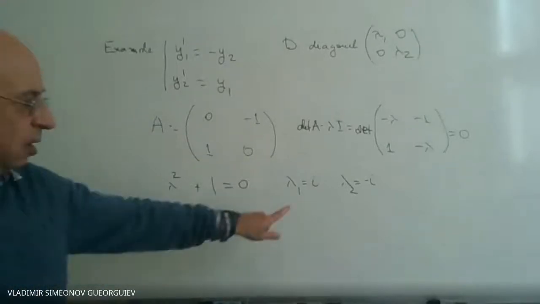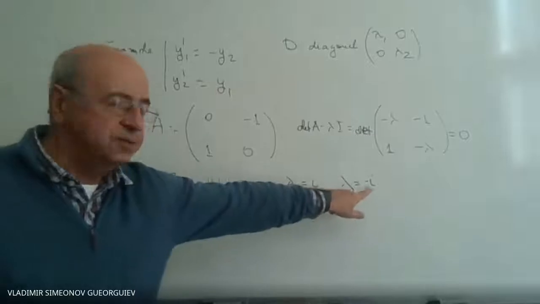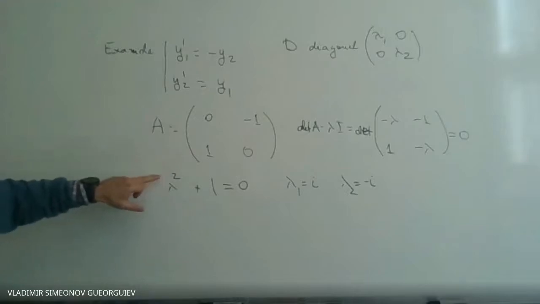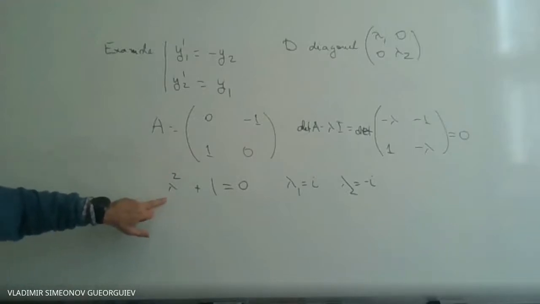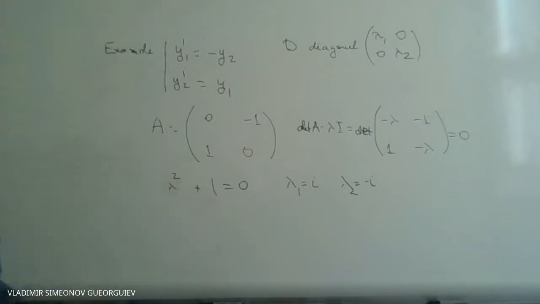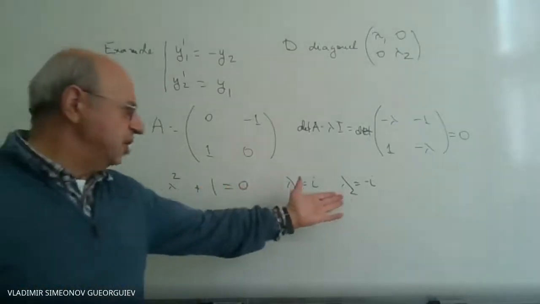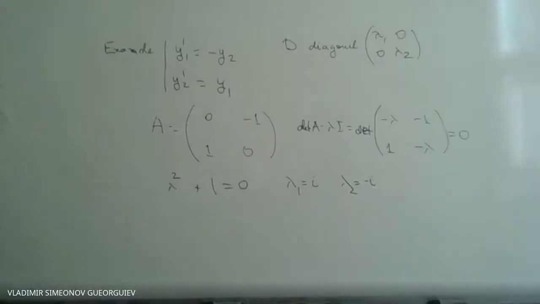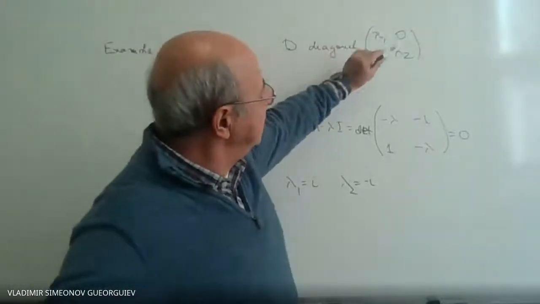If you take the complex conjugate of i, this is minus i. This is again a solution, because if you take the bar in this equation, and you know that lambda is complex, you have bar lambda squared plus 1 equals 0, and this equation is satisfied. So if you have the solution i, you find immediately the root minus i. So on the diagonal, you have i.